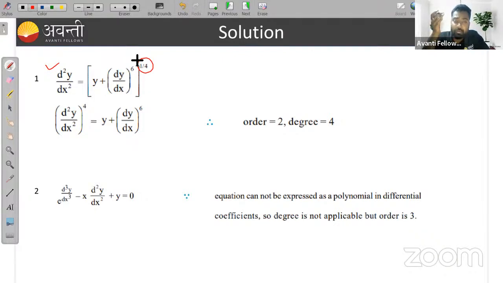How can we remove the fraction? By raising both sides to the power 4. So when we take power 4 on both sides, it becomes y plus dy by dx to the power 6.